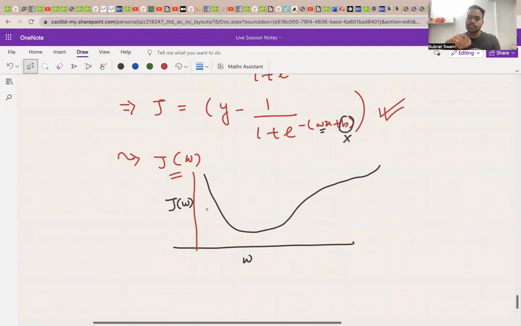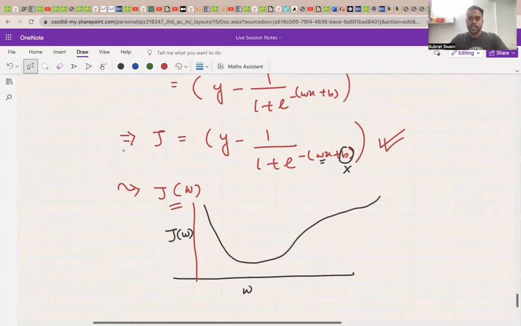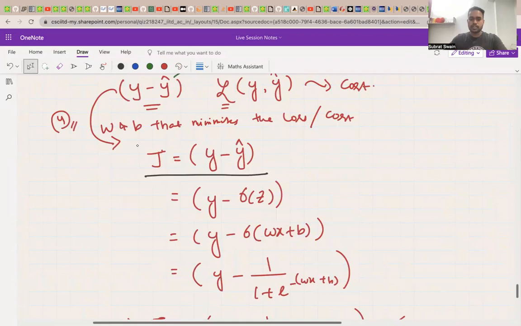So remember what was our goal? Our goal was to find the function which correctly approximates the underlying true function. Then we refreshed the problem: find the w and b which give a correct approximation of the function, or find a w and b which give lower error, or find a w and b which minimize the error between y and y dash, this one.